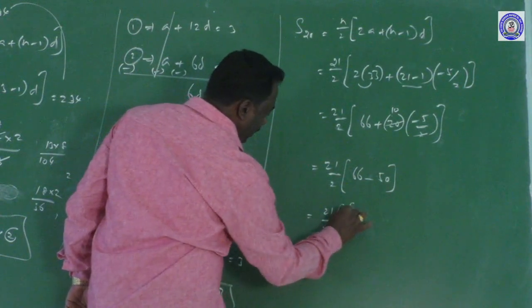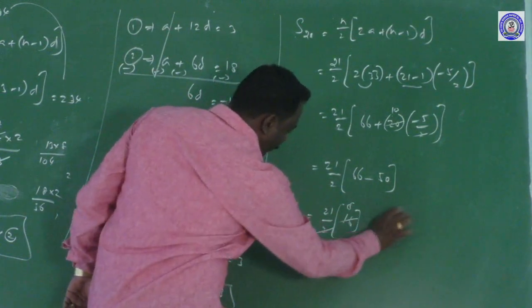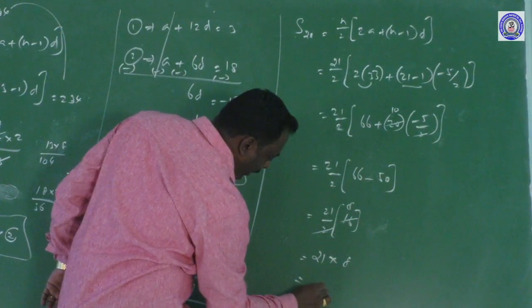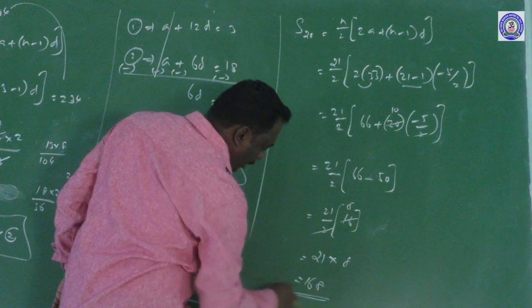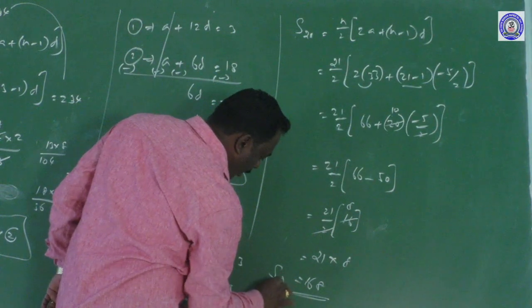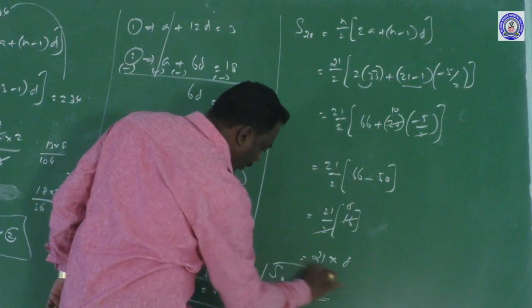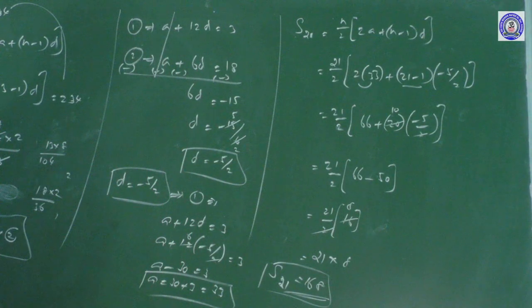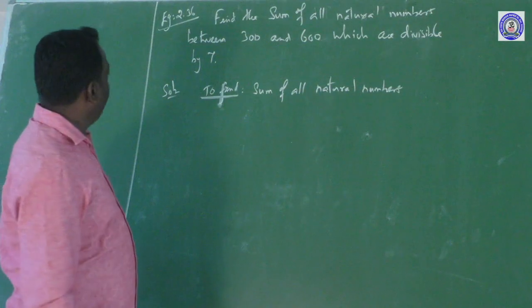Now cancel by 2 to get 8. So 21 into 8, multiplied, is 168. Therefore the sum of 21 terms is 168. That's all.